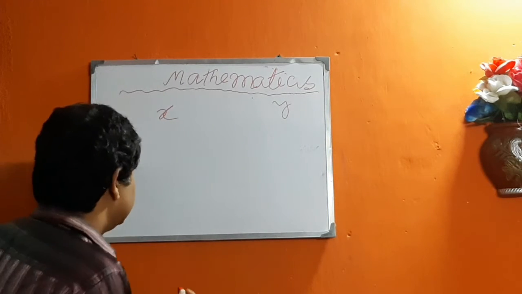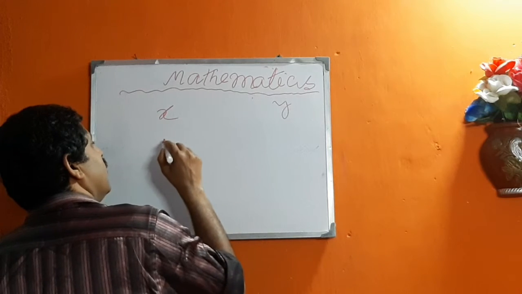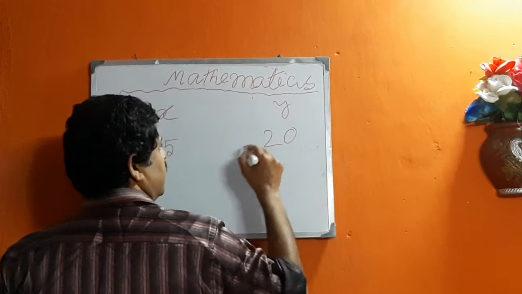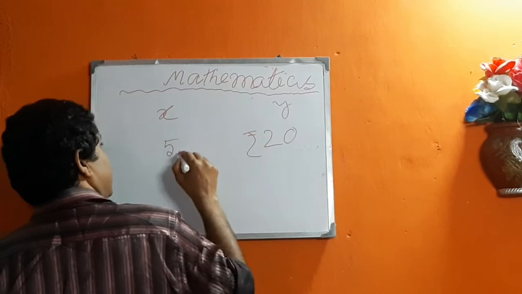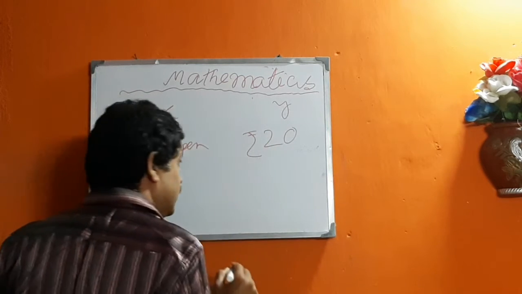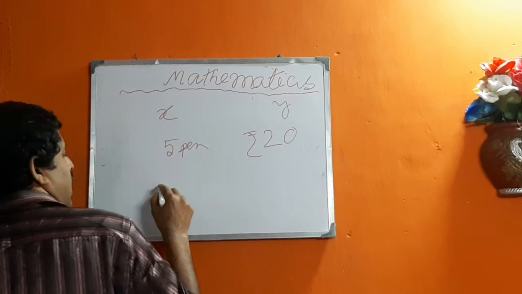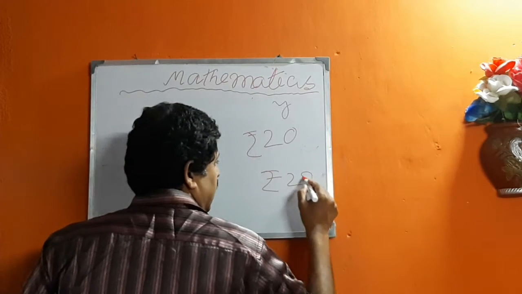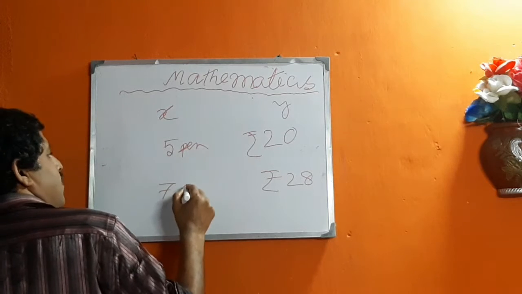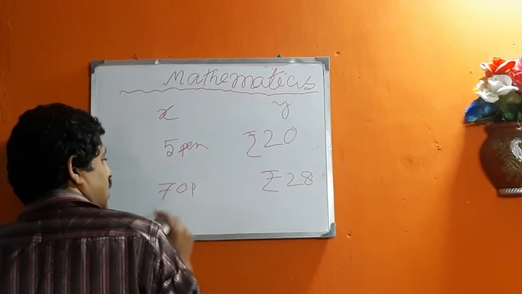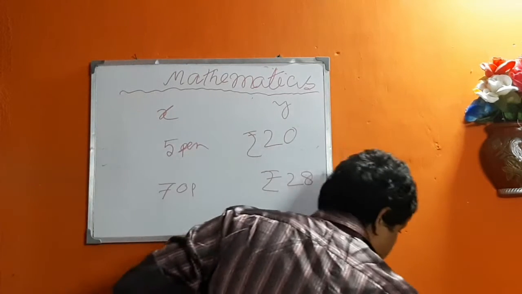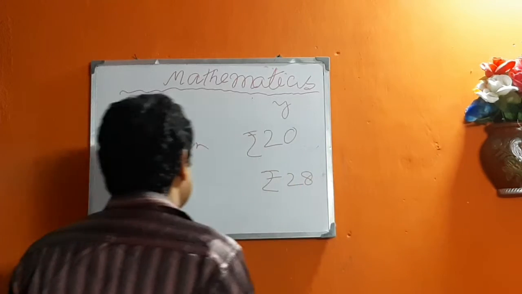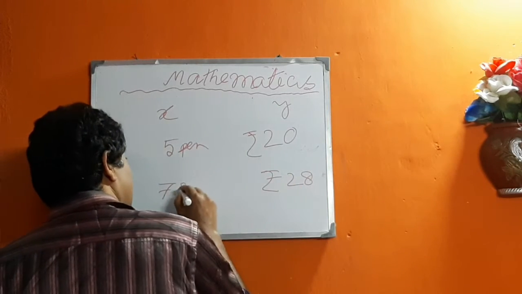For example, if the cost of 5 pens is rupees 20, number of pens 5, rupees 20, and number of pens 7, cost is rupees 28. That means when the number of pens increases, the total cost also increases accordingly.